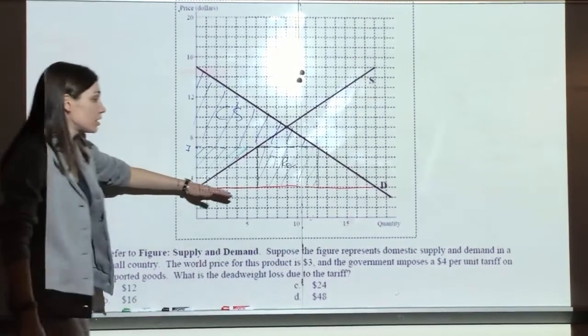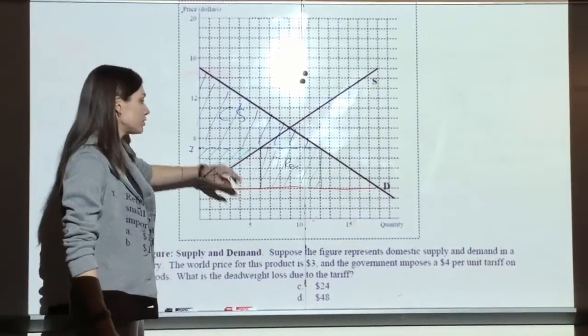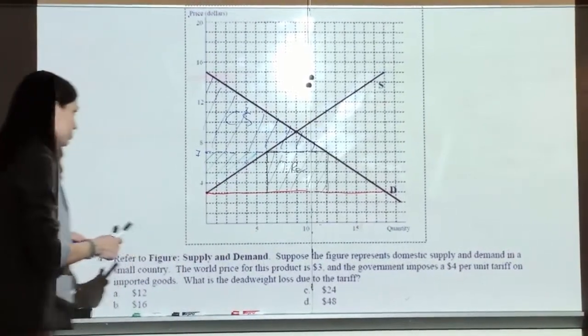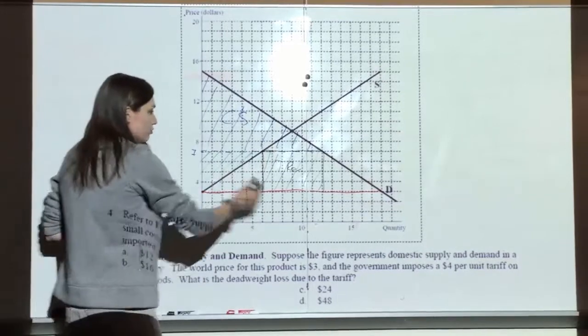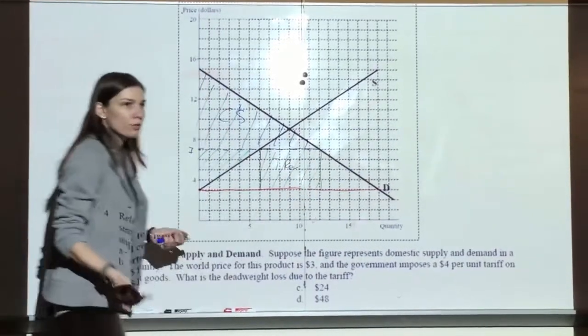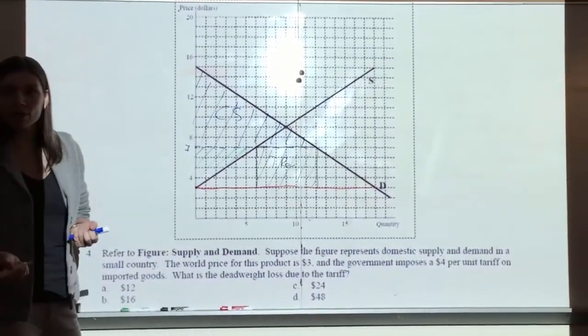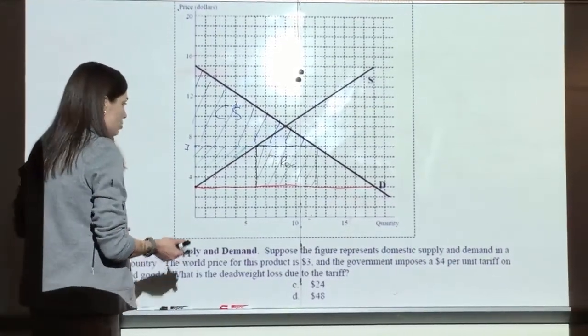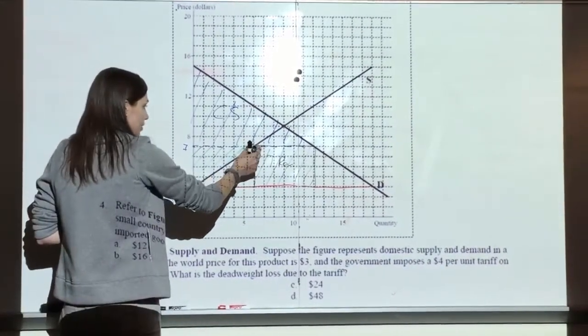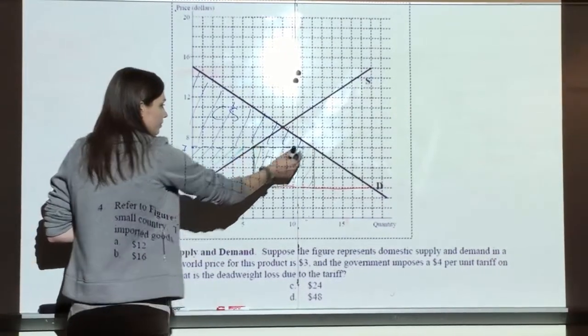That's basically the difference between total surplus without the tariff and the total surplus with the tariff. And those are these 2 triangles here. So we need to find the area of these two triangles, add them together, and that will give us our deadweight loss. They're right triangles, so one side is always 4, right?